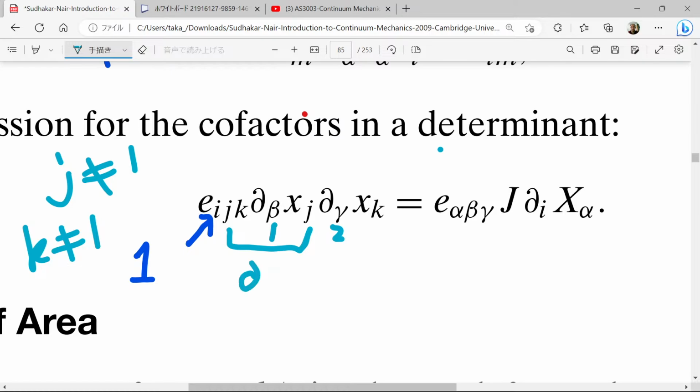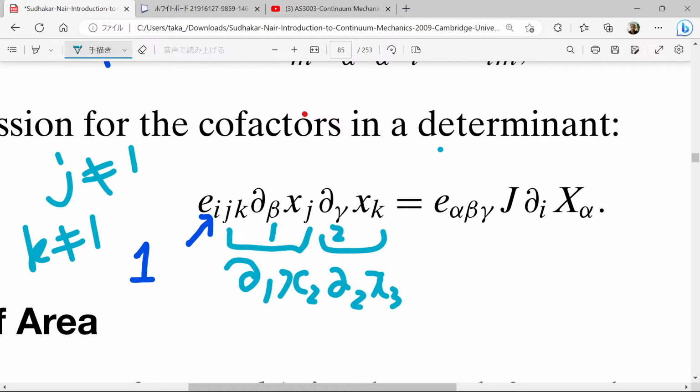So we can have beta, this is 1, X1, partial 2, no, J has to be 2 or 3. X2, partial 2, gamma 3, no, X3. Yeah, this one is this.